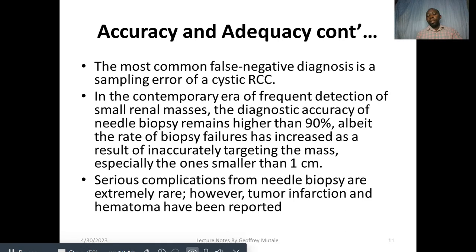So serious complications from needle biopsies are extremely rare. However, tumor infection and hematoma have been reported in some cases.